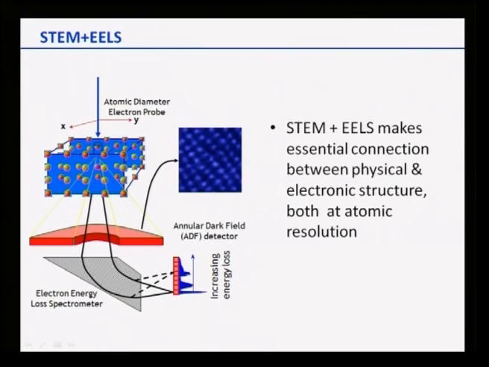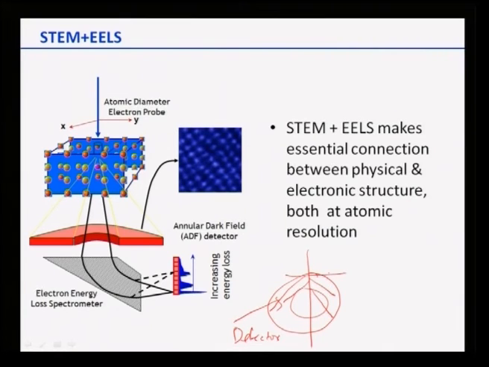Now if we apply an annular detector like this, with a central hole, and this is the detector, I can collect the scattered electrons coming at different angles from the incident beam, after it passes through the sample.